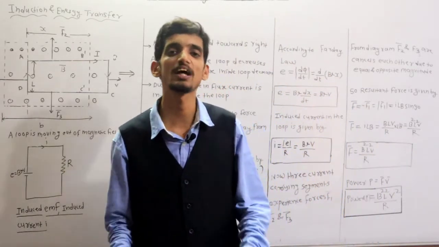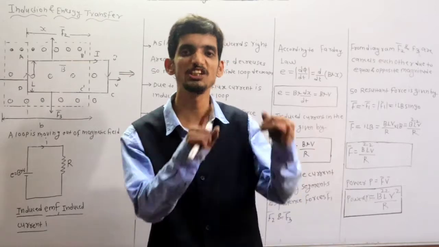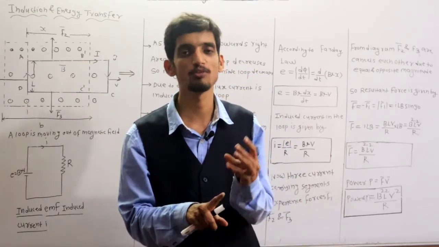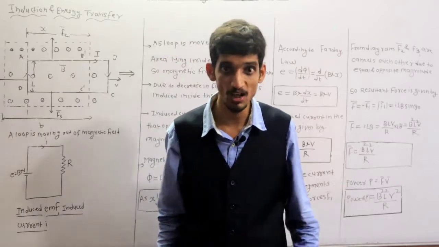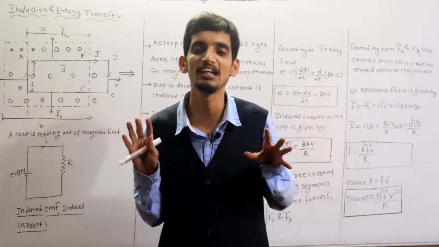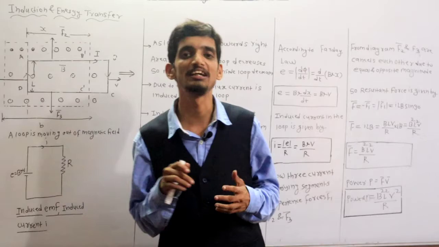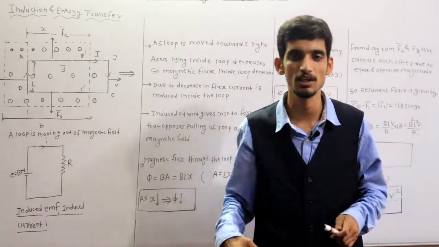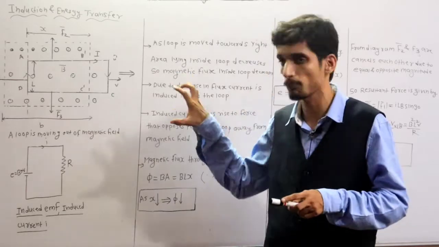So in this way we derived four formulas. First, induced EMF. Second, induced current. Third, force. And fourth, power. All these are in terms of electrical quantities. So what is the gist of this particular topic?